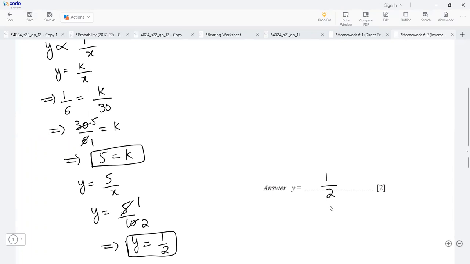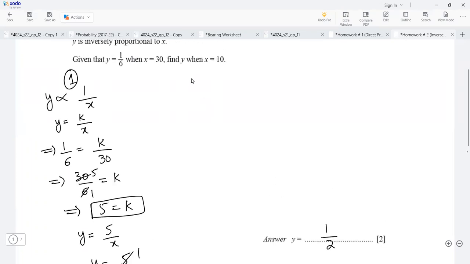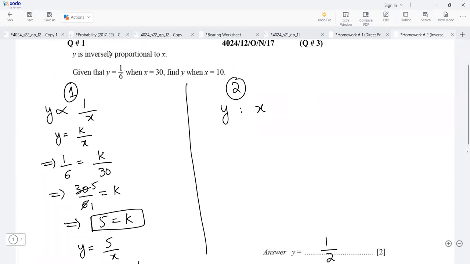Now I'm going to solve this specific question through the second method as well. In the second method, we write down y, one of the variables, and x, the other. When it is written that y is inversely proportional to something, such as x squared or anything else, we write down x squared at that place.